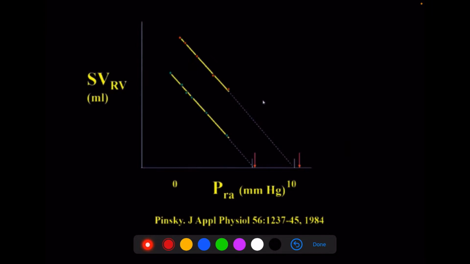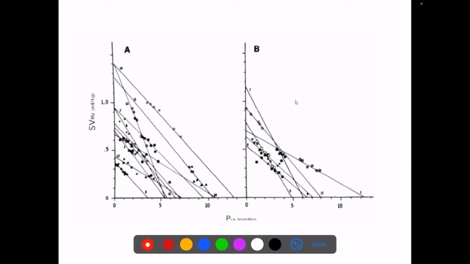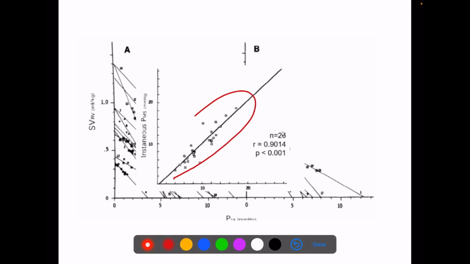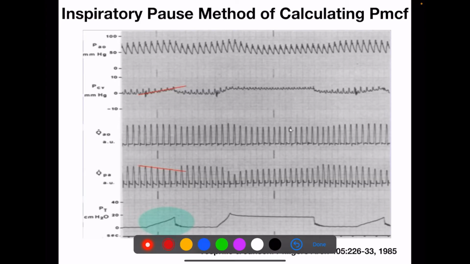In this, they tried to extrapolate where the line is crossing the baseline, which would give us the value for mean systemic pressure. In the calculation for this, as you can see, there are a lot of values in various patients if they had different types of curves, but overall statistically they found a very good correlation along the line with a very good statistical significance.